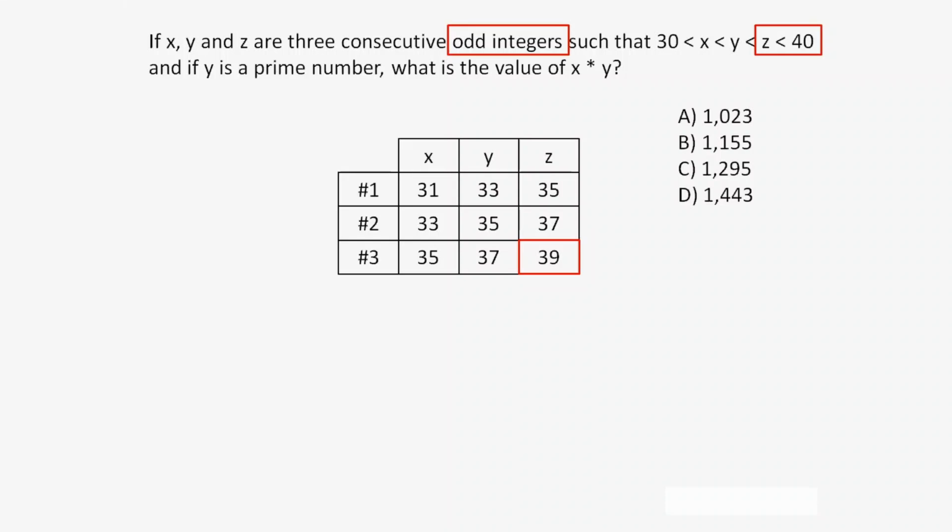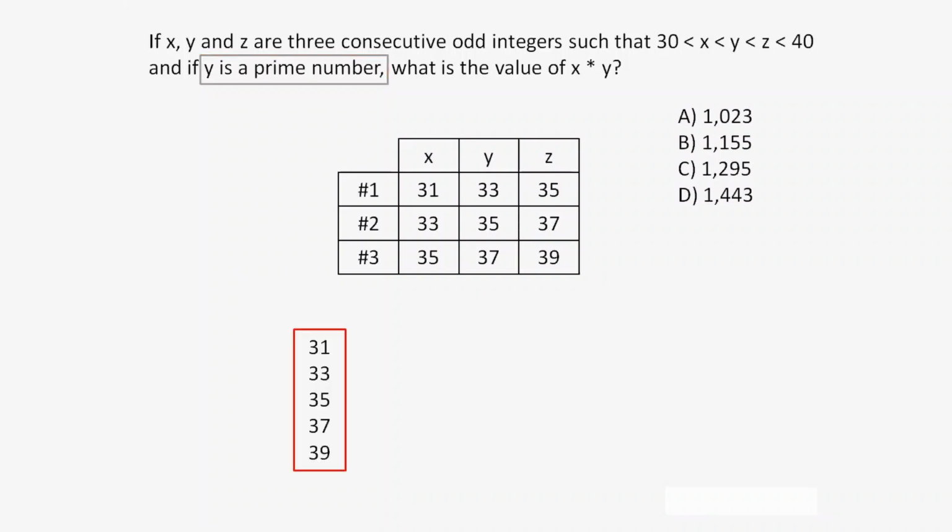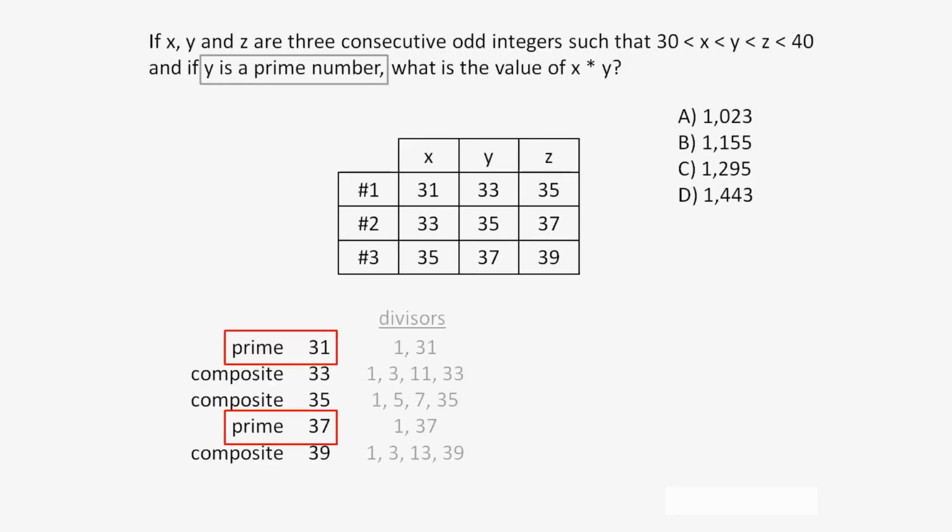Next, we look at the second part of the problem statement, where we read that y is a prime number. So let's list out the odd integers between 30 and 40 and determine which ones are prime and which are composite. After listing out the positive divisors for each number, we learn that only 31 and 37 are prime.